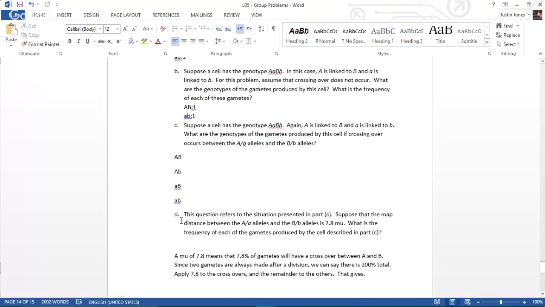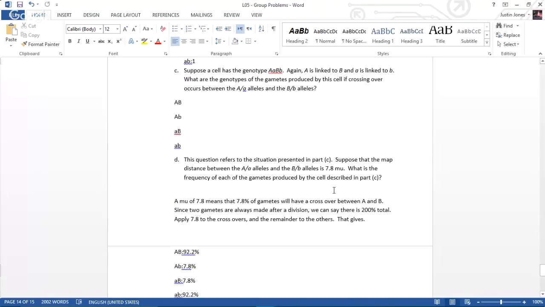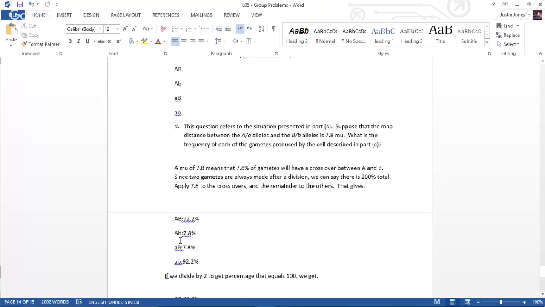But it's actually in question D where it says, well, what if there's 7.8 units away? So what would the percentage be? So you copy those down right here. And if you think about it, every time you have a splitting away, you're actually in 2 chromosomes. So there's actually 200% total. Because half of them are just matching the other ones.